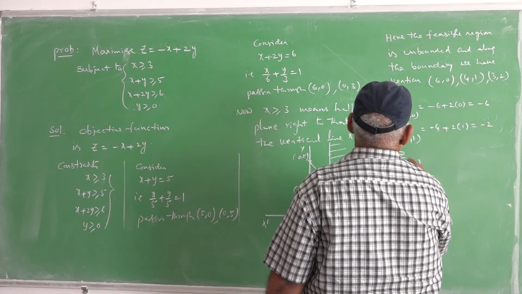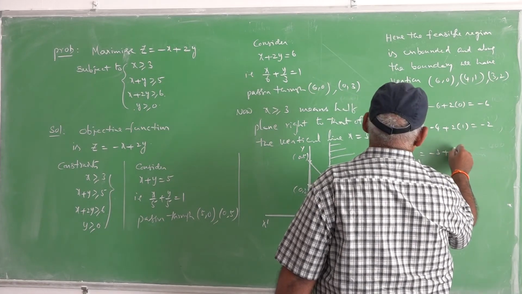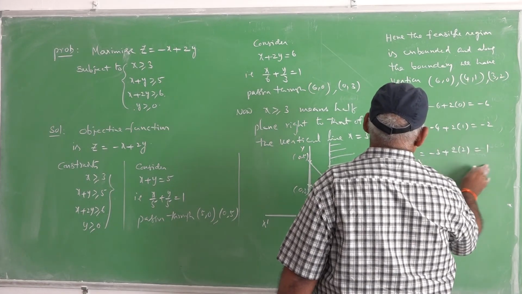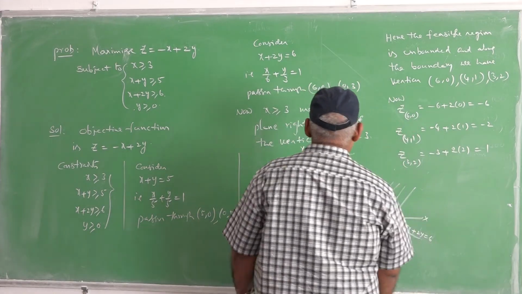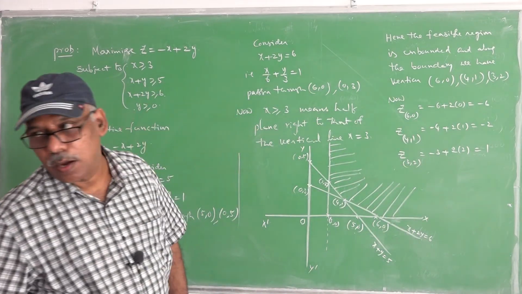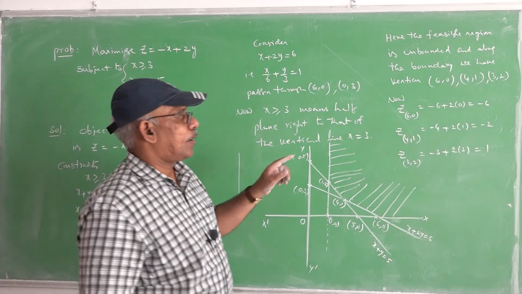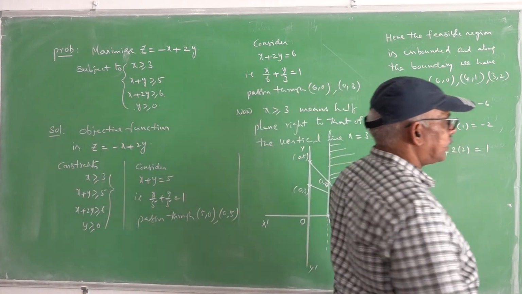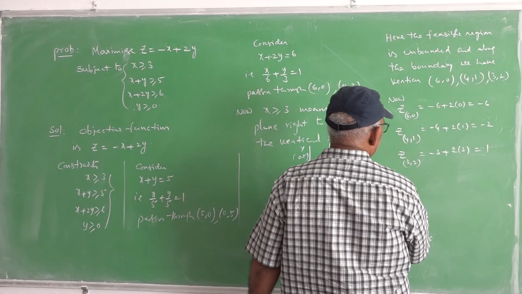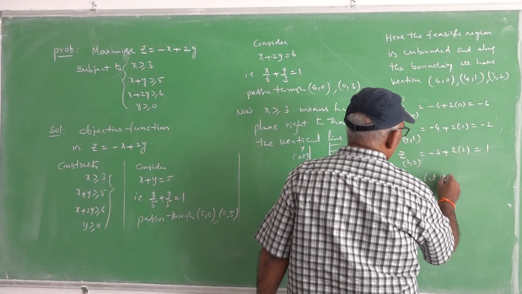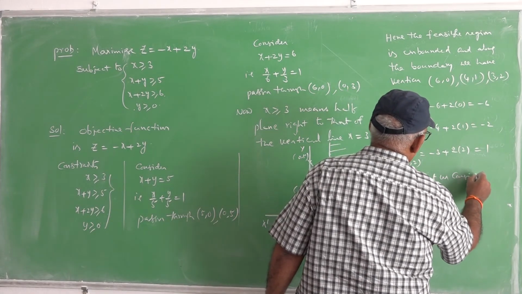Z at 3 comma 2 is minus 3 plus 2 into 2, 1. Out of all these the maximum is 1. So, since it is unbounded, let us consider the line.